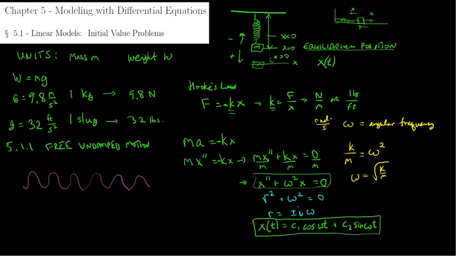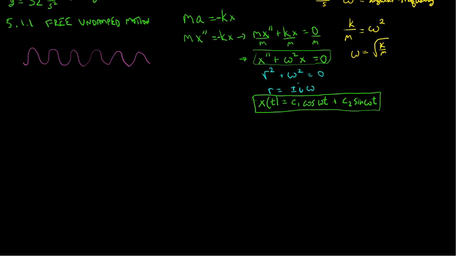So I'm going to rewrite this in a slightly different way here. Actually, before we do that, there's another way to write this equation. So we can write x of t as A times the cosine of omega t minus some other angle phi, right?